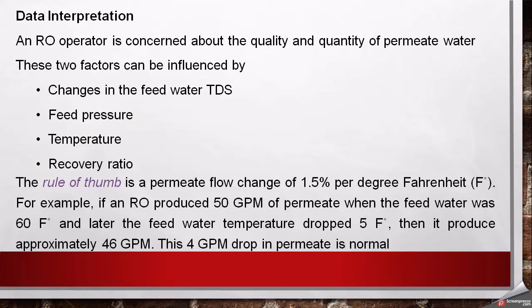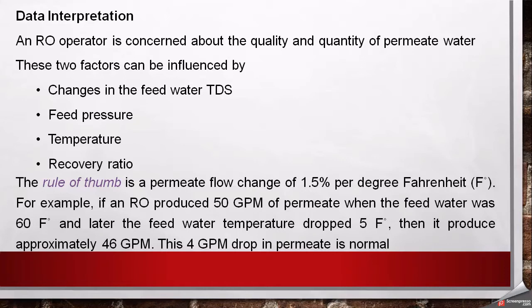For example, if a reverse osmosis system is producing 50 gallons per minute of permeate at a temperature of 60 Fahrenheit, and later the temperature changes by 5 degrees Fahrenheit, then the permeate production becomes approximately 46 gallons per minute.